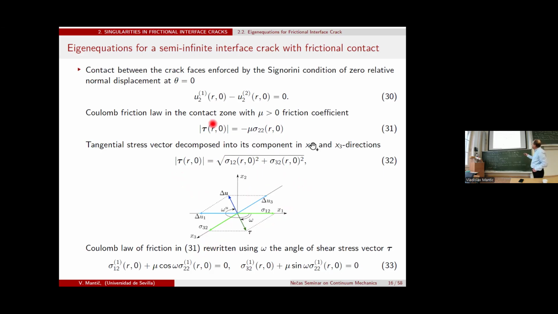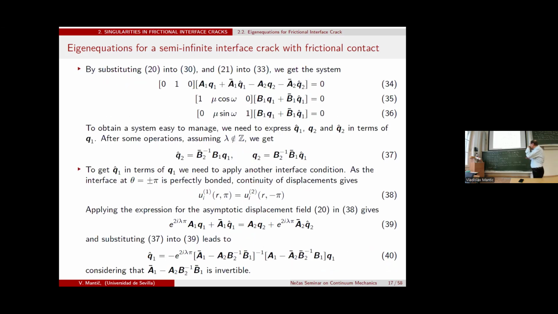We can rewrite this Coulomb friction law in this form using the angle omega, which is the angle of the shear stress vector with respect to coordinate x1. So we arrive at this. This is from the Coulomb friction law, and this is from the contact condition. Again, we can manage.